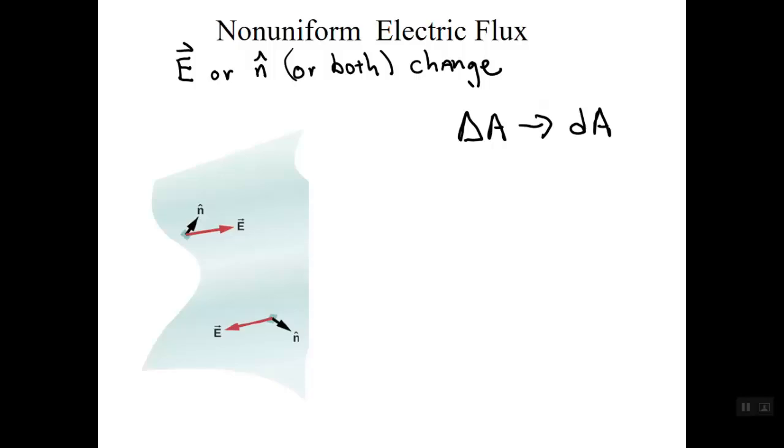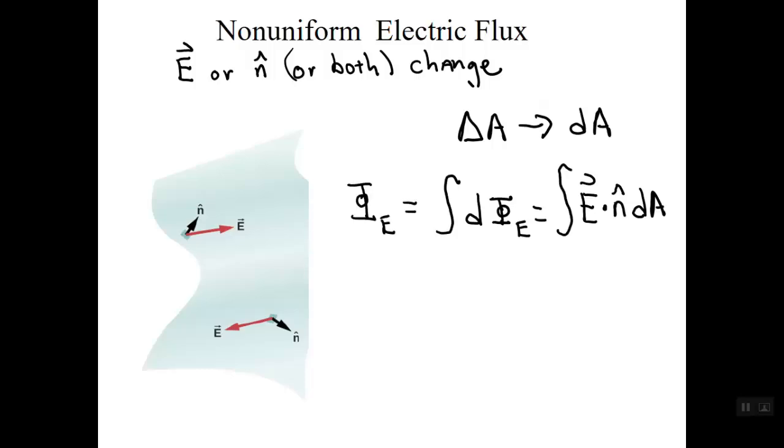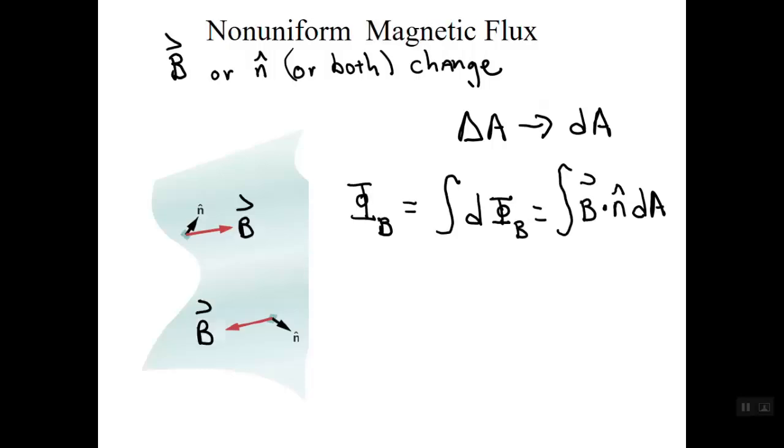Each such infinitesimal area will still have its own normal unit vector, so the differential d flux E is given by this expression. To get the total electric flux over the entire surface, we'd need to sum up all these small contributions of d flux E by integrating. It's the same story for the magnetic flux if it's non-uniform over some surface. We need to keep this in mind for the future.